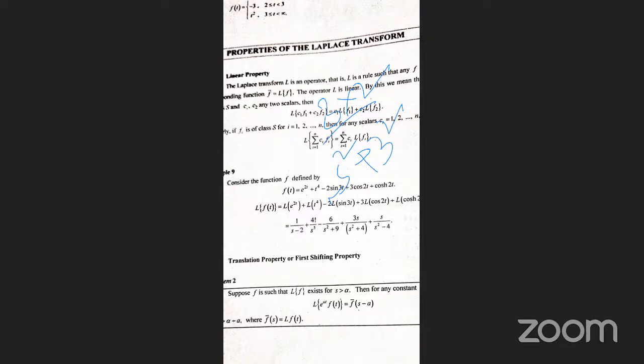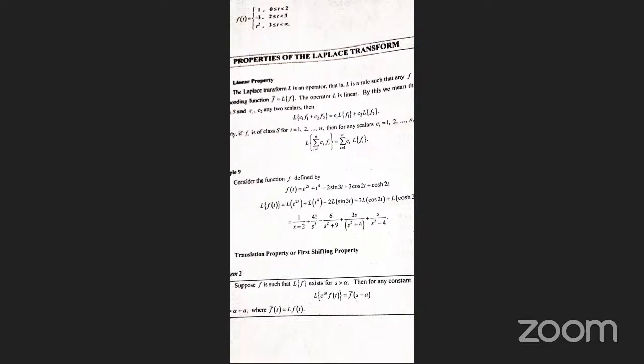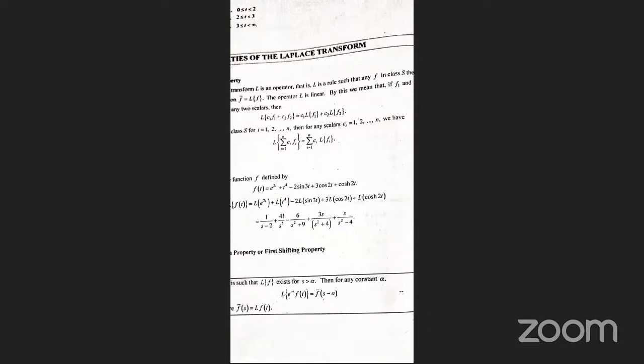And similarly, Laplace transformation of cos 2t. We are getting s by s square plus a square, so we are getting s square plus 4. And Laplace transformation of cosh 2t.